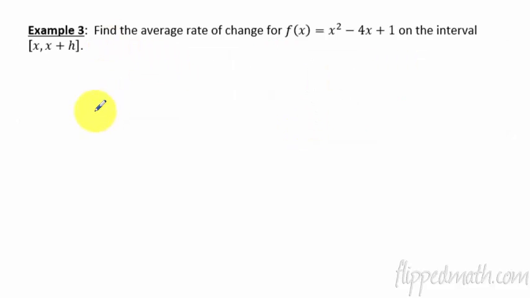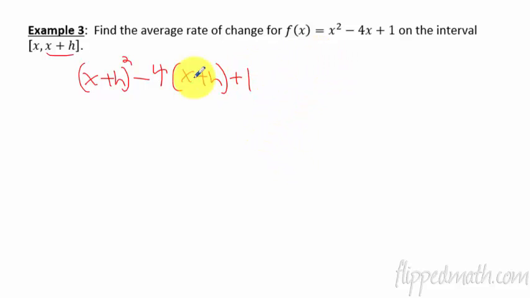Okay, here we go. Let's try it. Plugging in the x plus h first, we plug it into this x and into this x. So you'll have x plus h quantity squared minus 4 times x plus h plus 1.